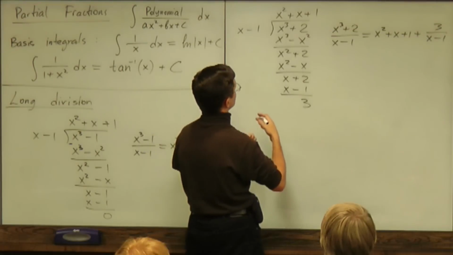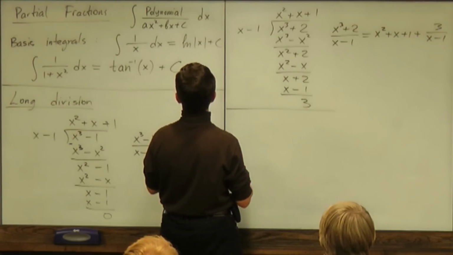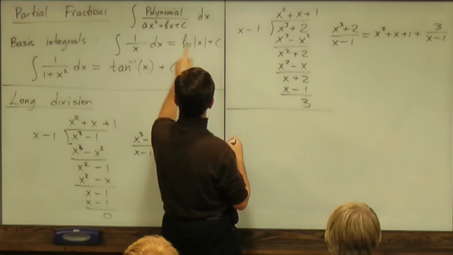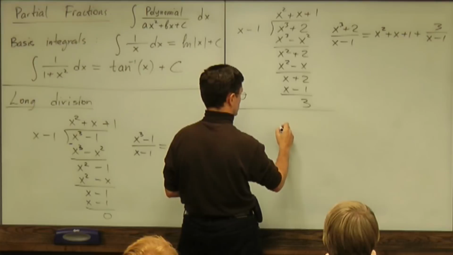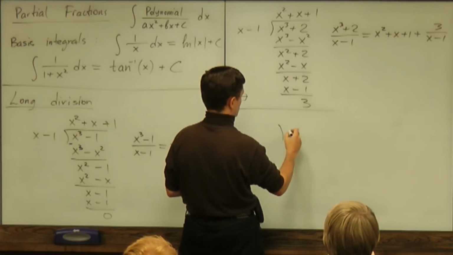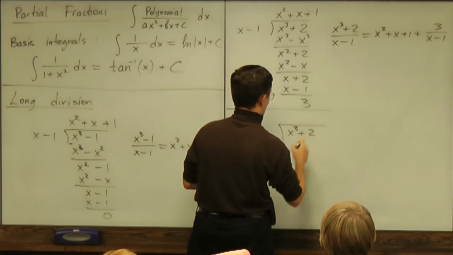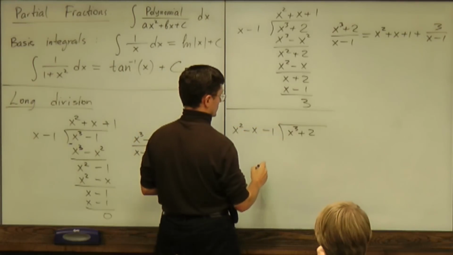Now the things get a little more complicated when you have to divide by quadratic. And in my case, you have to be able to divide by quadratic. So let's practice dividing by quadratic. Let's take the same x cubed plus 2 and divide by something like x squared minus x minus 1.